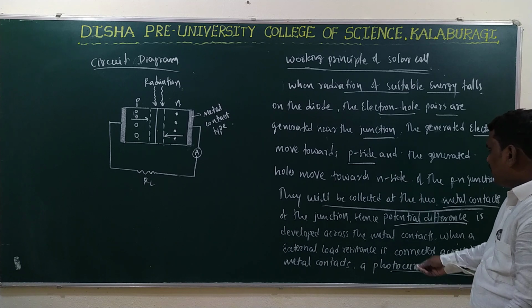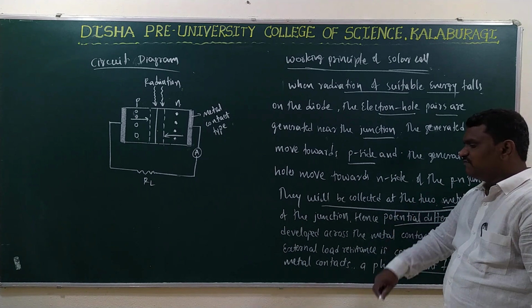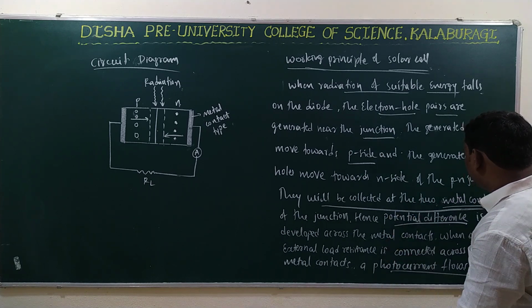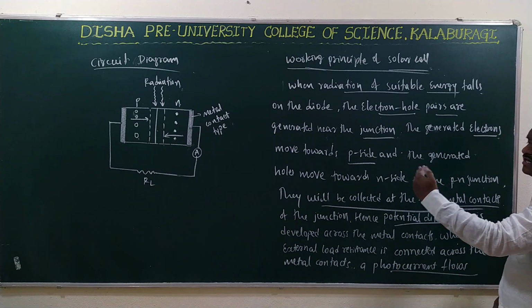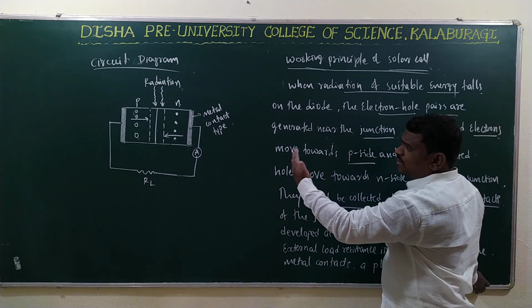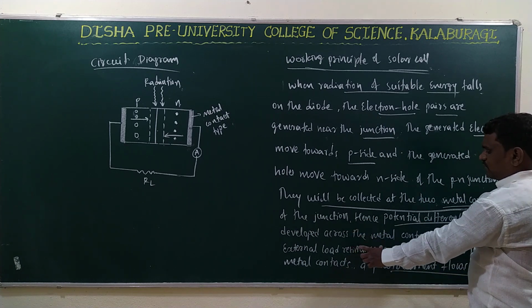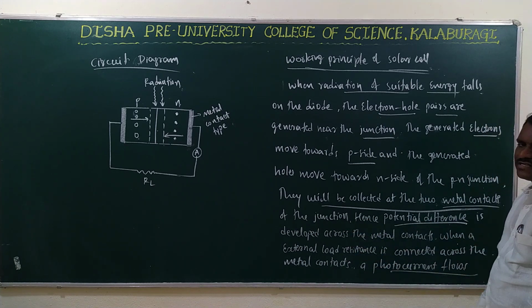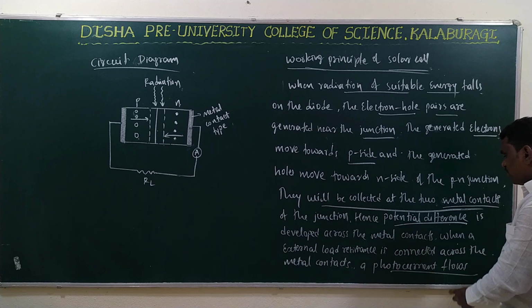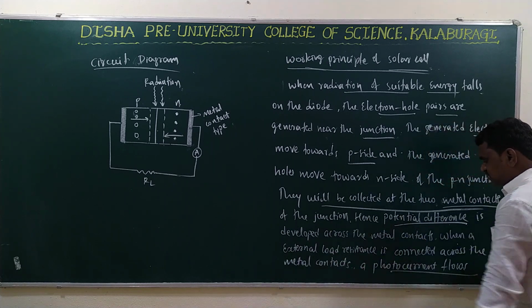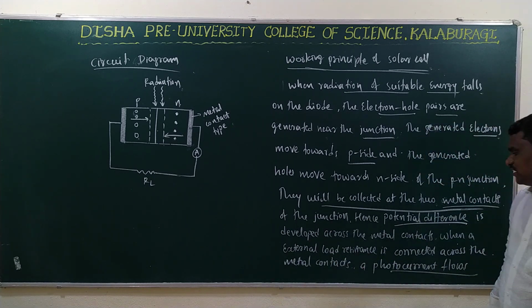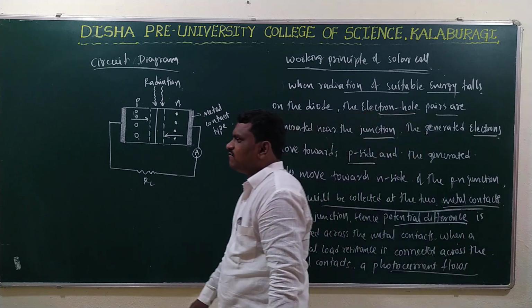Hence a potential difference is developed across the metal contacts, right? When an external load resistance is connected across the metal contacts, a photo current flows, right?